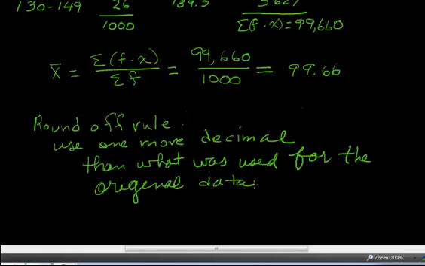So our original data was whole numbers in this case. So one more decimal than the whole number would be 1 decimal. So our final answer for this average or IQ score mean would be 99.7.